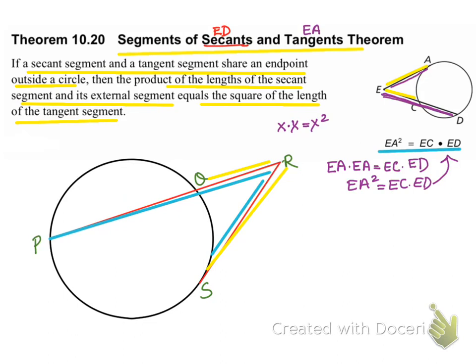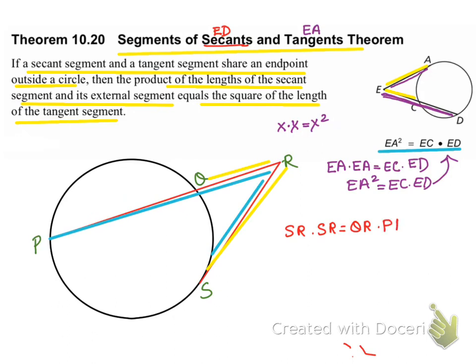If I write it down, for the top one, the secant PR, let's start with the tangent, because they started with the tangent. For the tangent, the external is SR, and the whole is itself, SR. And what is the external for PR? It is QR times, and the whole is PR.